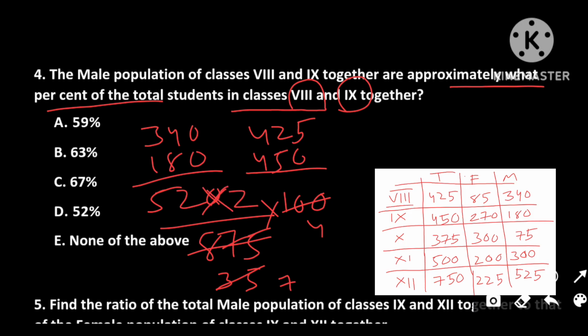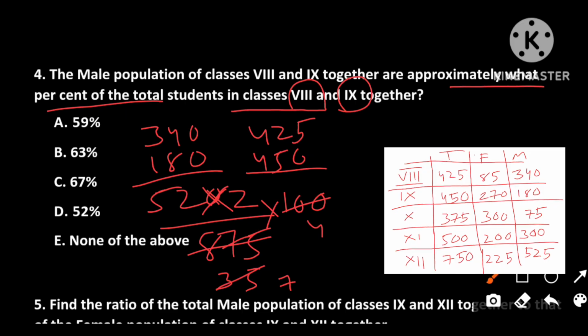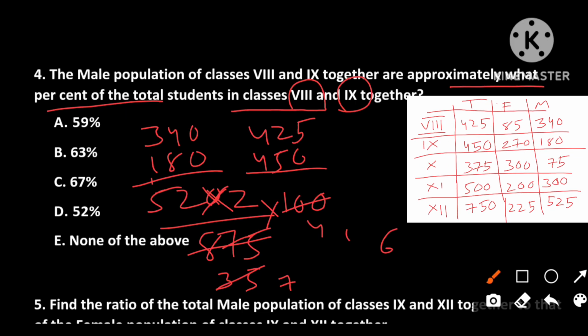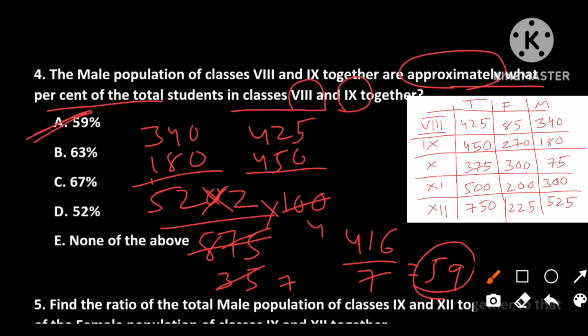So what we left is 8 2 times 16, 8 5 times 40, 416 divided by 7. 7 5 times will be 35 and 66. 7 9 times 63. So our answer will be 59%. It is asked about approximately. So answer is option A, 59%.